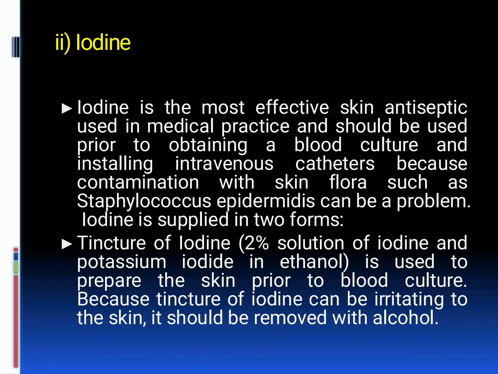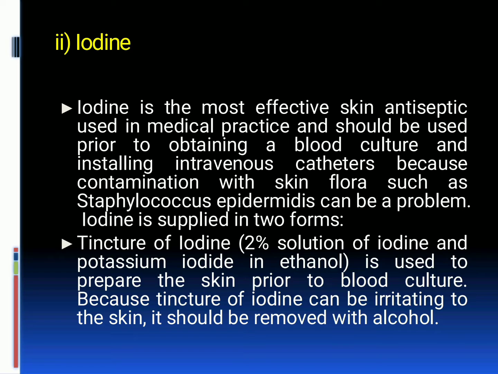Next one, iodine. Iodine is the most effective skin antiseptic used in medical practice and should be used prior to obtaining a blood culture and inserting an intravenous catheter, because contamination with skin flora such as Staphylococcus epidermidis can be a problem.